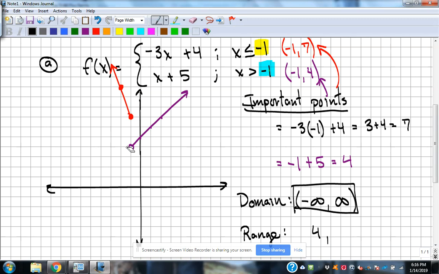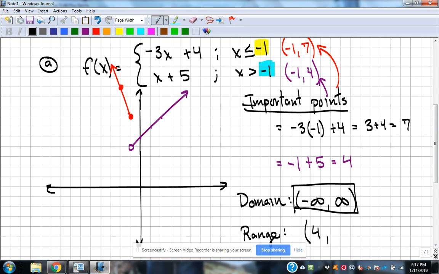Look at that point that it's marked with. What's special about an open circle? It's a parenthesis because we're not including it, right? Open circle means we're not using that particular spot. So it's a parenthesis. If it were a filled in dot, we would use a what? Bracket. Okay, bracket, remember, means this is part of the game.